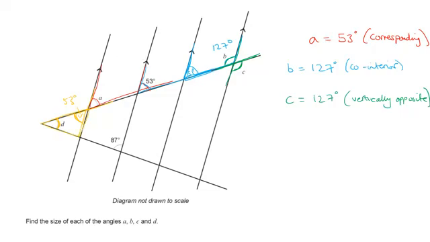This little part here may look as if it's 90, but remember it's not drawn to scale. This angle here is actually 87 because it corresponds to this one. You get that F shape again here. So this angle is 87.